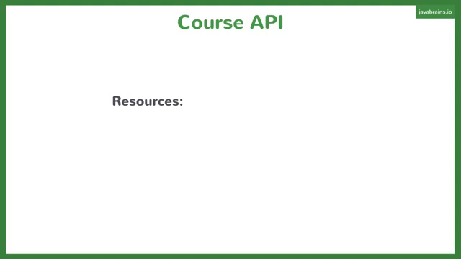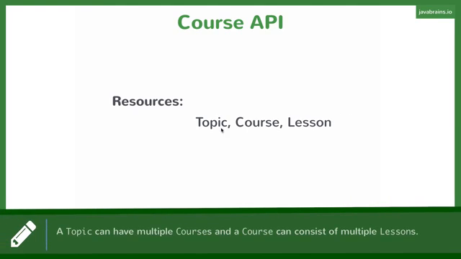Once you've identified the resources, you can then look at ways in which the consumers can access the resource using different HTTP methods. This is standard REST. For the sake of our course API, we're going to be identifying three separate resources. We have the topic, the course, and the lesson. For the scope of this course, the Spring Boot Quick Start course, these three resources should do.